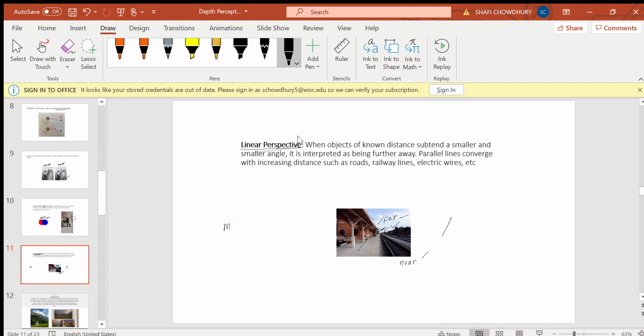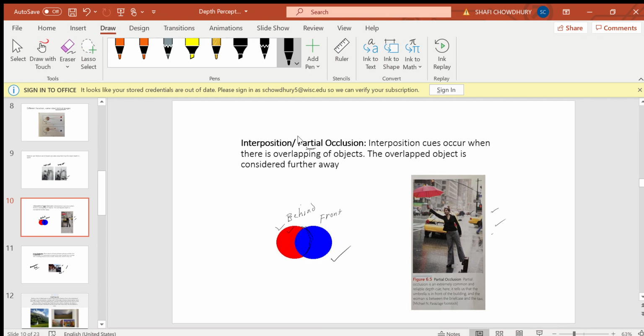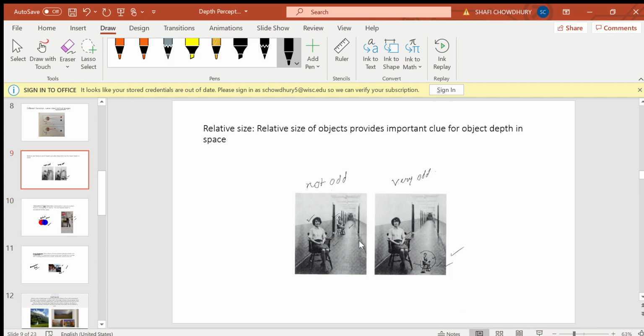You don't need two eyes or two retinas. Just close one eye, and you can still see and perceive the same. If you go back to the previous ones, all these are monocular, like you can tell with one eye. So these are all monocular cues.